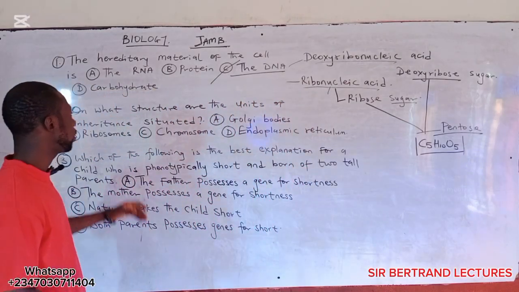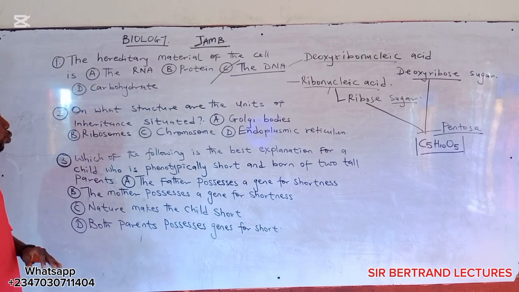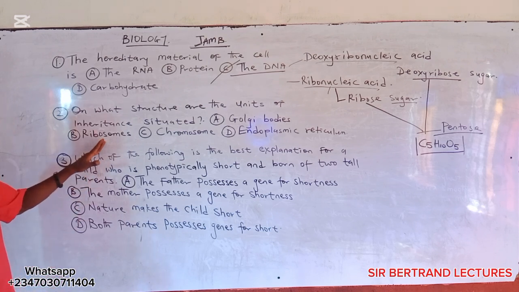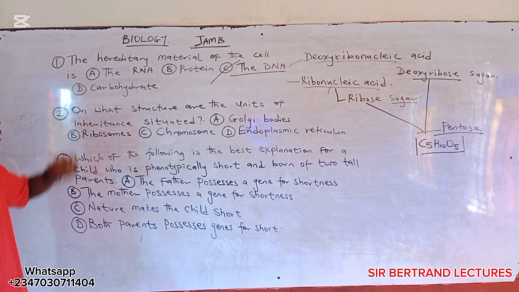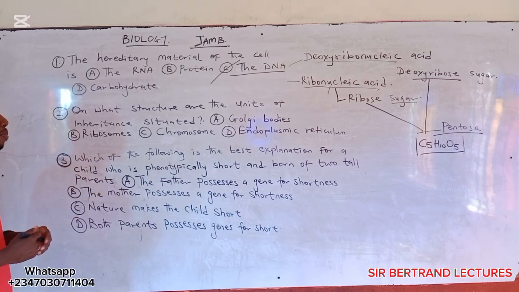Then here we have question number 2. On what structure are the units of inheritance situated? This is likely similar to question number one, pointing at the same structure we mentioned earlier.